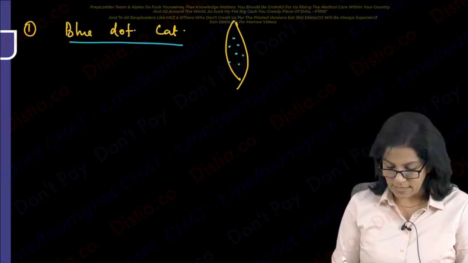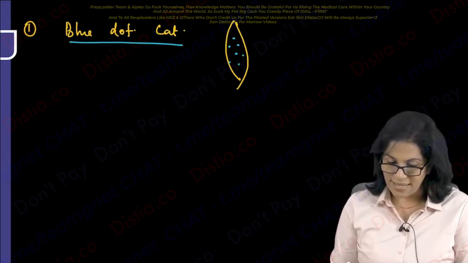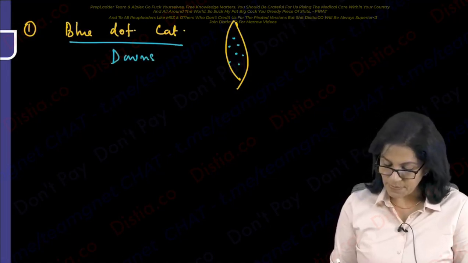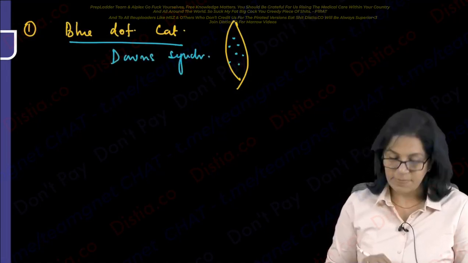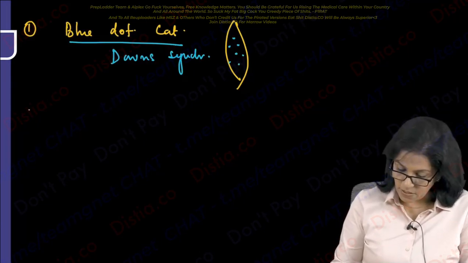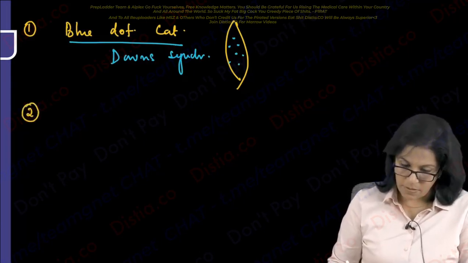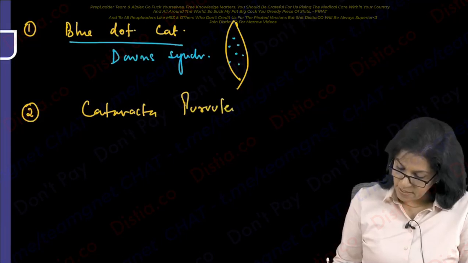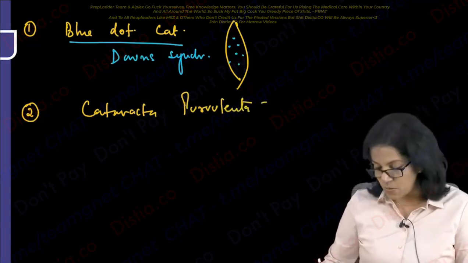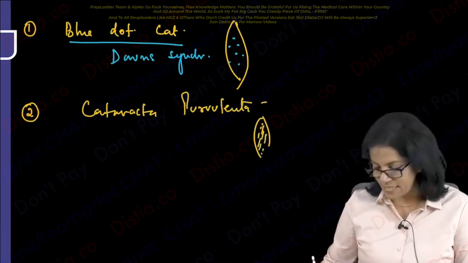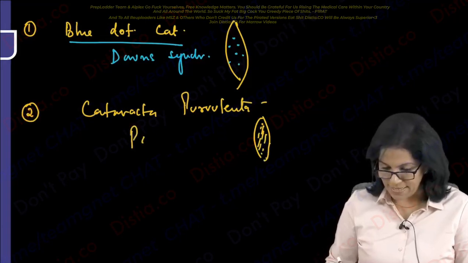Blue dot cataract, as I also mentioned, is a feature of Down syndrome. Right? Next, after blue dot, we talk about cataracta pulverulenta. What does this mean? Powdery appearance. Okay, so there's a powdery appearance of the opacities.